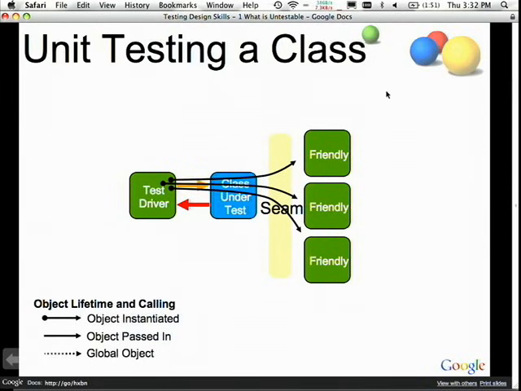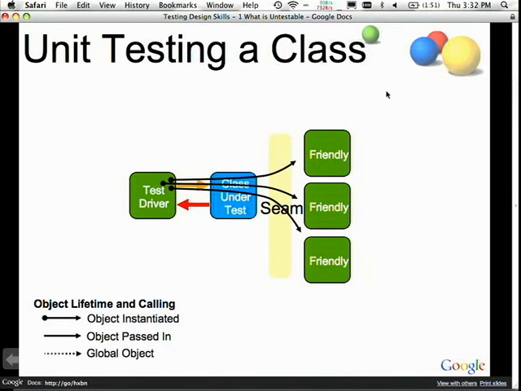The little bubble on the arrow represents where the new operator is located. If that little bubble started off inside of the blue class under test, I could have never, ever controlled the construction of that class. But because I have migrated the new operator into my test, now the test has the responsibility of constructing the object graph, and then I take those objects and pass them through the constructor of the class under test, and then the class under test collaborates with the things that I've passed in.